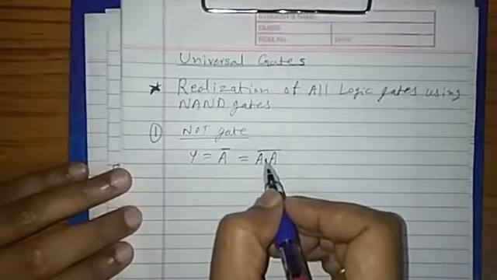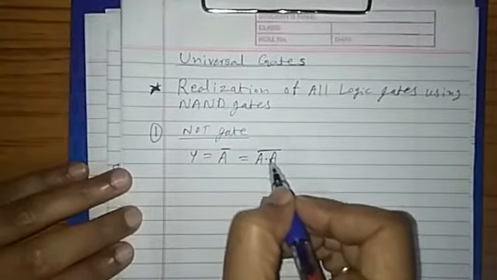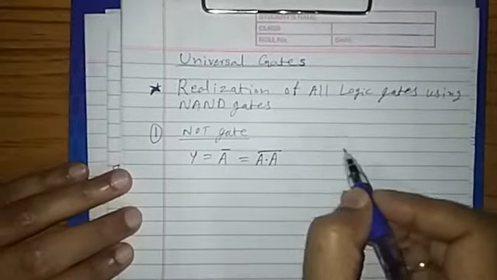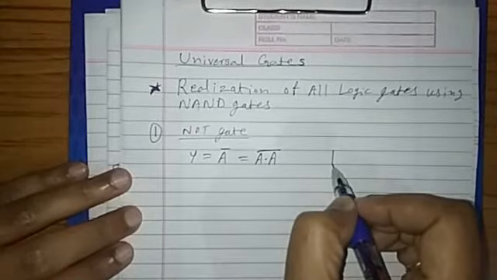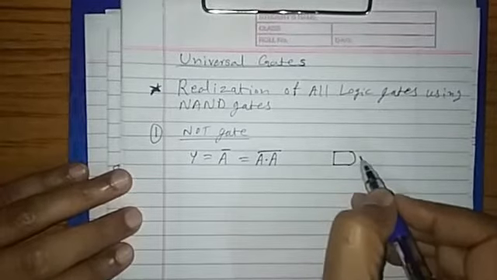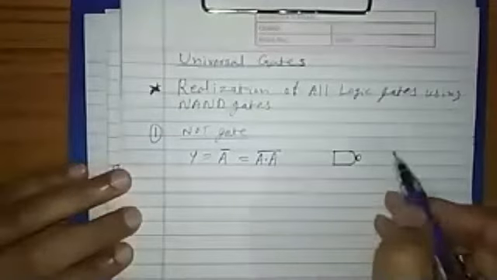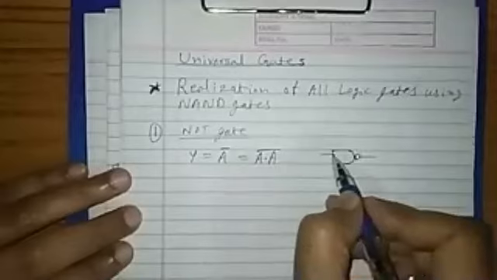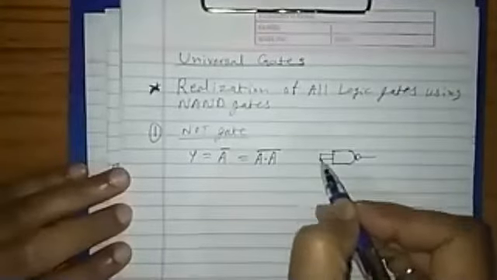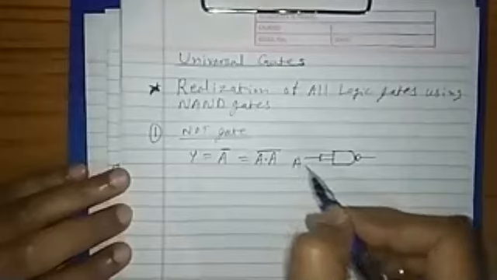This is A and an inversion. This is NAND gate implementation. Now, but inputs are same, therefore minimum inputs for NAND gate are 2. NAND gate, if I draw here, you can see this is a NAND gate, but inputs are 2 inputs. Therefore, both I can short and connect it to A.